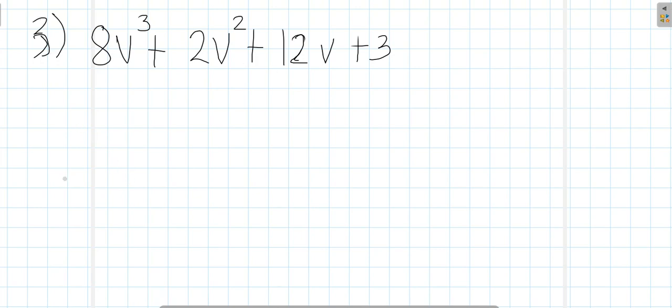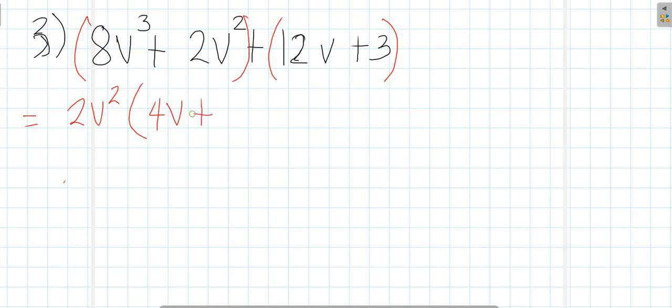Okay, last. So the common is 2v squared. Divide, so it becomes 4v plus 1, plus the common is 3. 12v divided by 3 is 4v, plus 3 divided by 3 is 1.